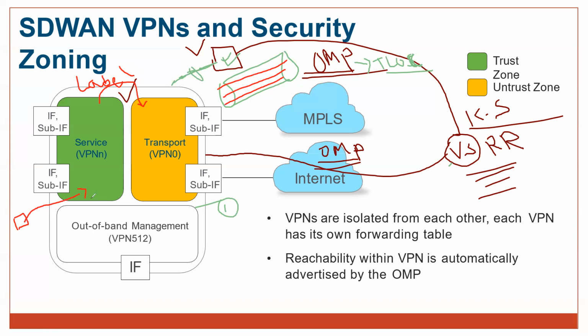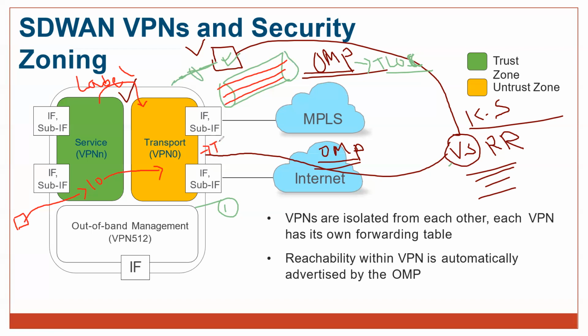Any IP routing packet will come with label 10. Now this same label will come to VPN 0, because VPN 0 is the gateway, meaning from here the packet will leave. At VPN 0 you have the system IP and site ID. We'll see what information it has. It has the next hop information.